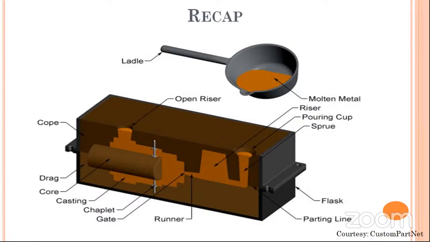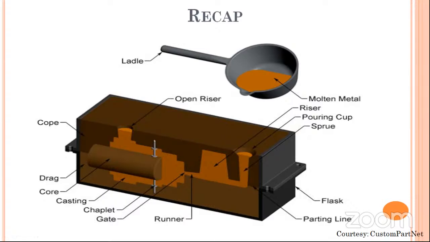Inside the furnace, you have a crucible, and inside that crucible is your material. You transfer the molten metal from the crucible to the ladle, and through the ladle, you pour this molten metal into the mold that you have prepared.